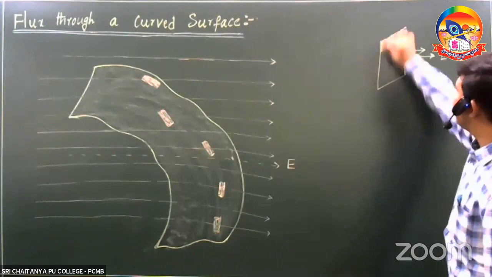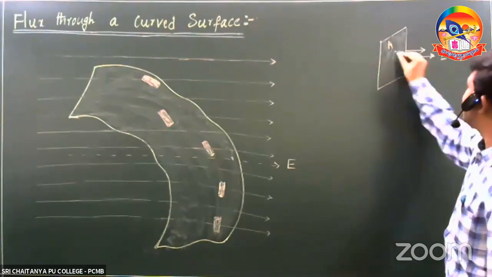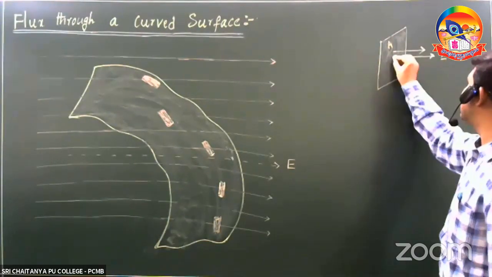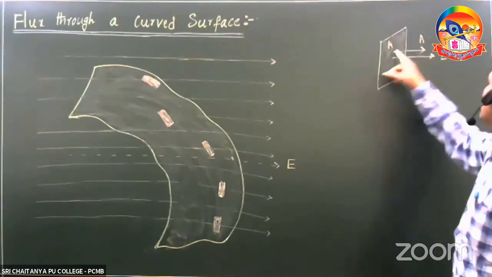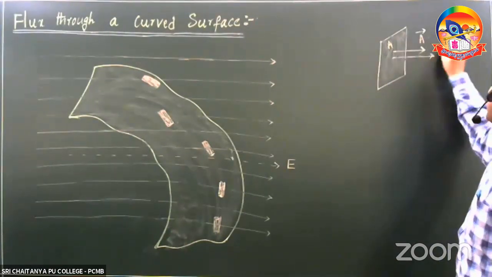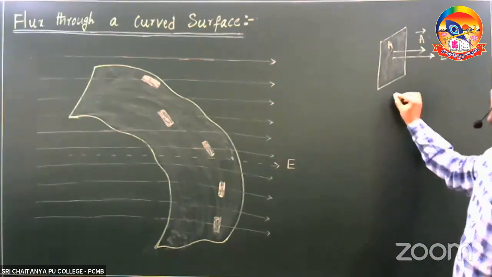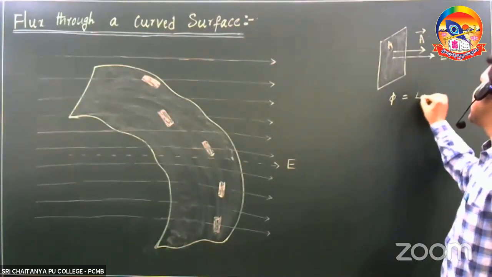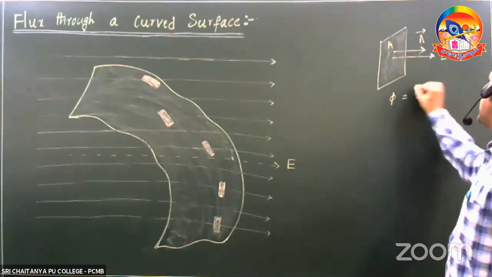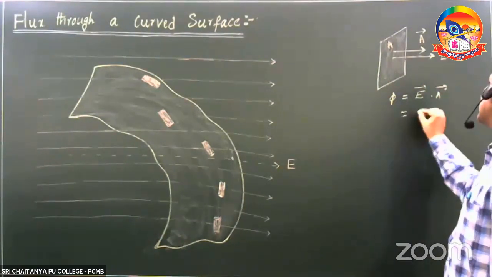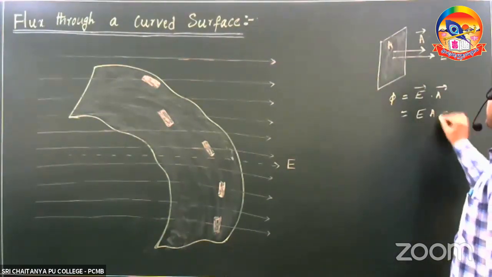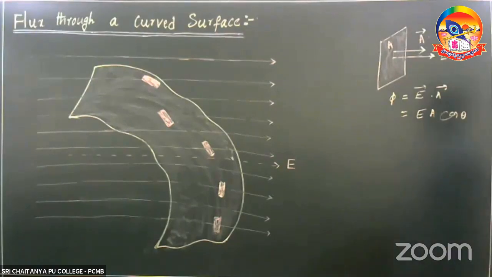Then the total flux is E dot A, that is, EA cos theta. This is what we discussed in the previous classes.